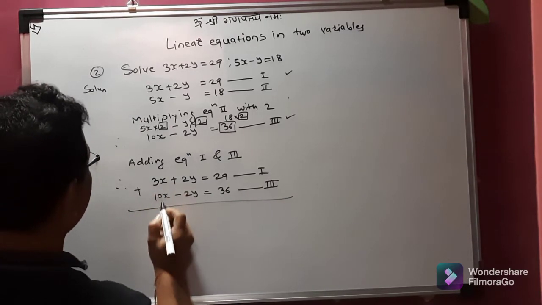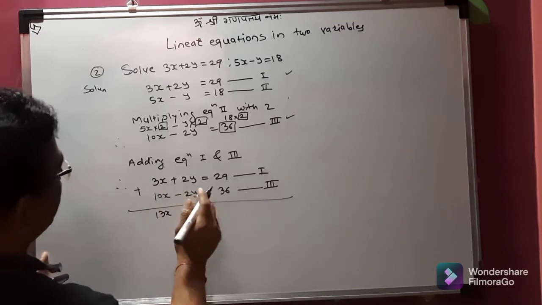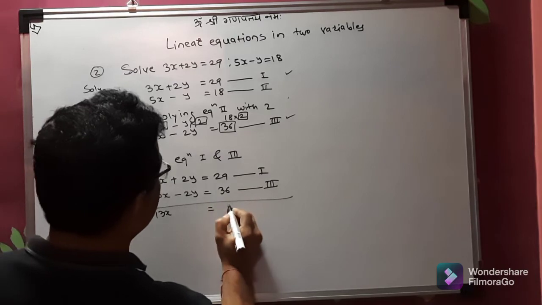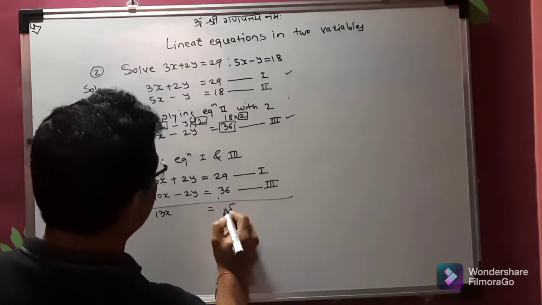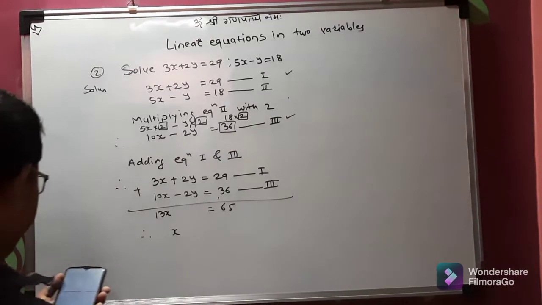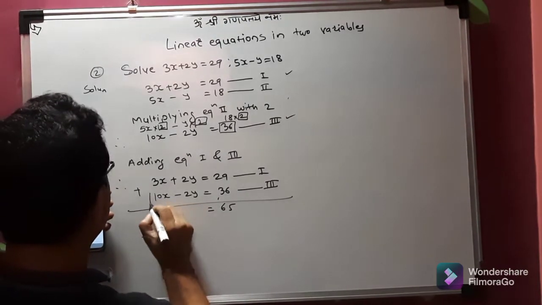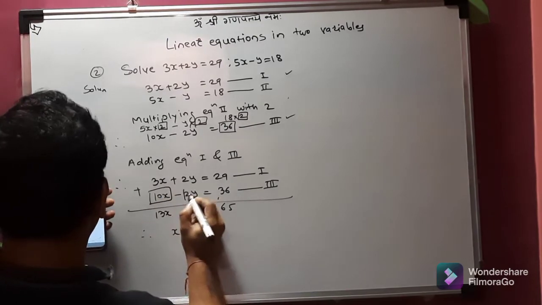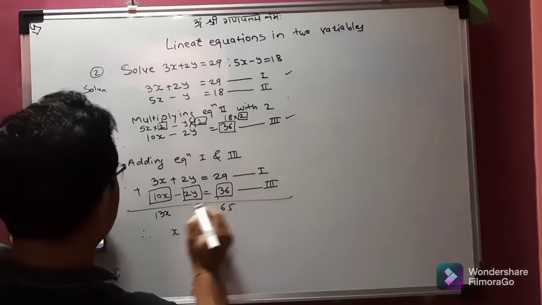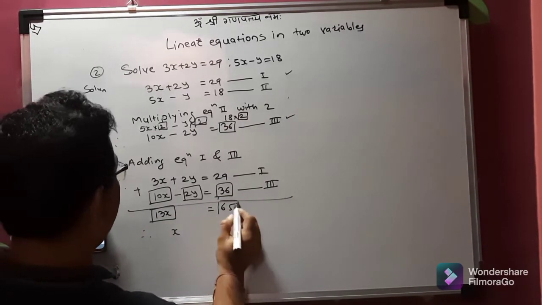10x plus 3x is equal to 13x. The plus 2y and minus 2y will get cancelled. Here 9 plus 6 is 15, carry 1, 3 and 3 is 6, so 65. So the answer will become 13x is equal to 65.